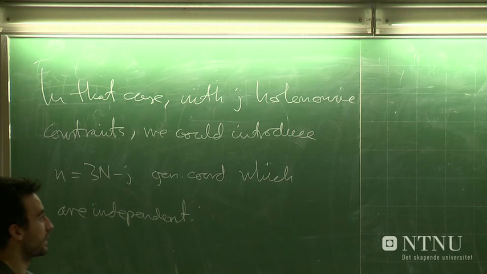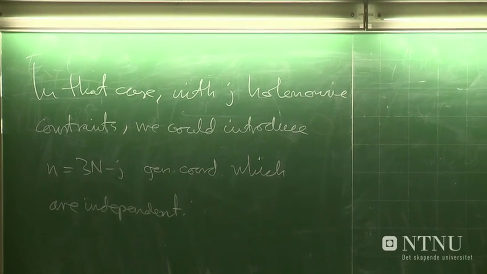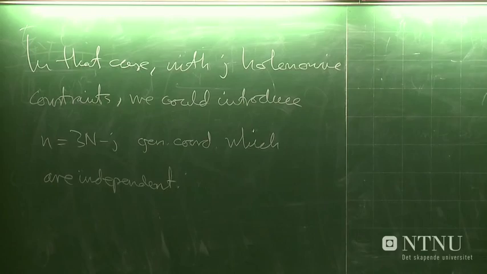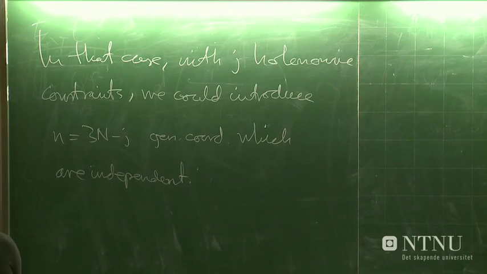So in that case, with j holonomic constraints, we could introduce small n equals 3 times large n minus j generalized coordinates, which would be independent, where the constraints would automatically have been taken into account.